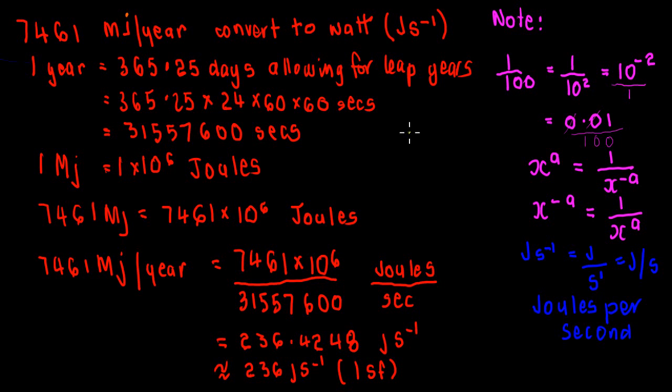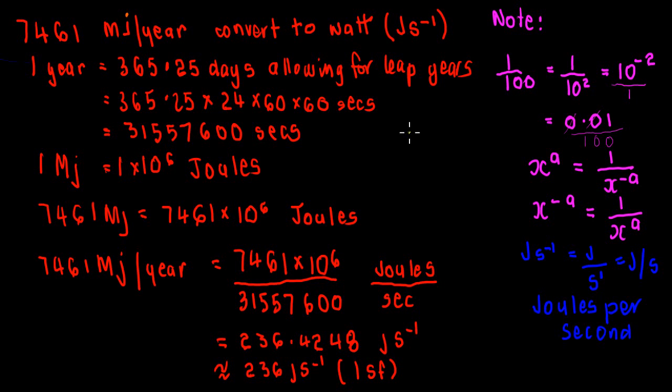10 to the power of 6. We get that from our prefixes and things. So 7461 megajoules equals 7461 times 10 to the power of 6 joules. And 7461 megajoules per year equals 7461 times 10 to the power of 6, there's your joules, over 31,557,600 seconds.